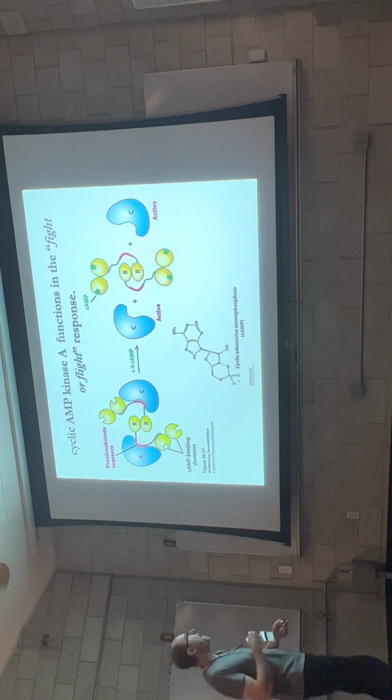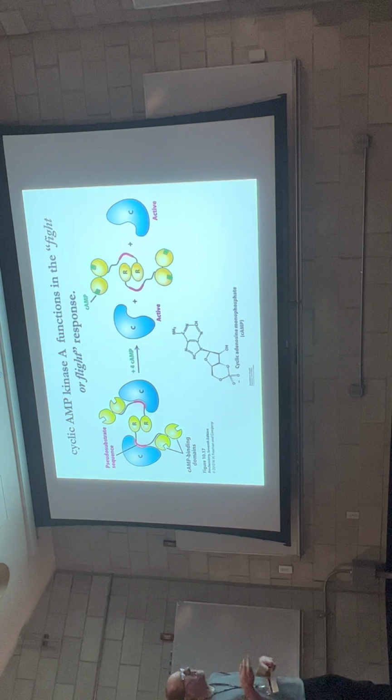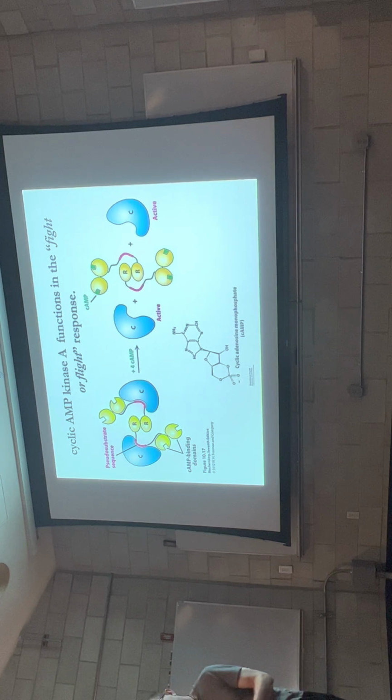And so what ends up happening is that during this fight or flight response, so I'm on the savanna, I'm having lunch, all of a sudden these cute little lion ears appear above the grass, and I'm like, okay, I need to run really fast, or I'm going to die.